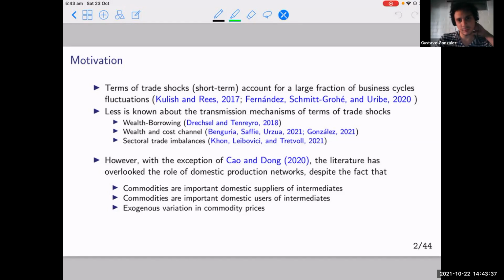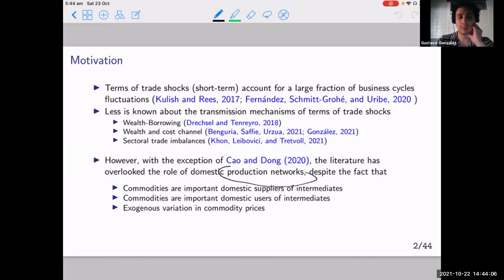There are other channels like sectoral trade imbalances studied by David Cohn and authors, but we believe there is one channel that's still not well studied in detail, and we believe it's relevant to think about. What is the role of production networks?